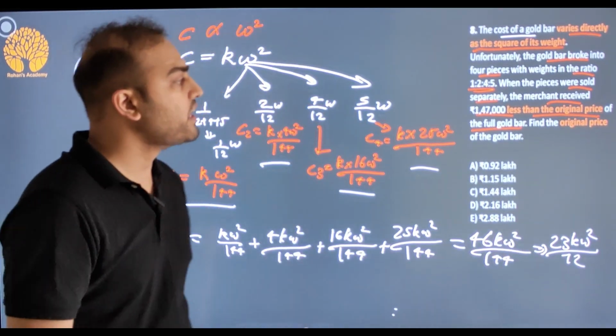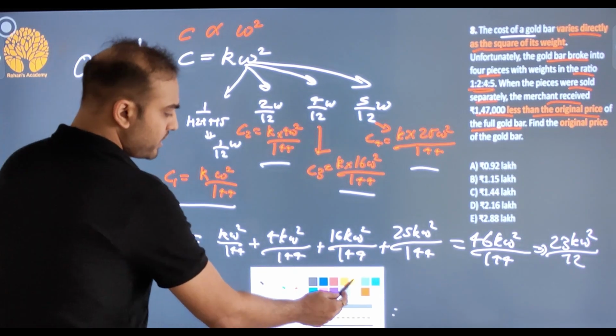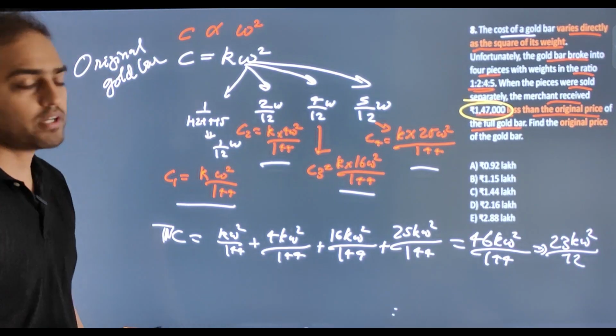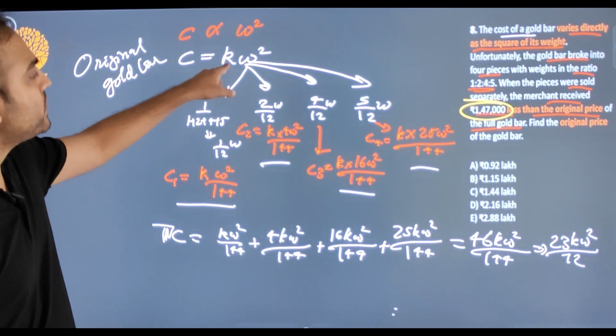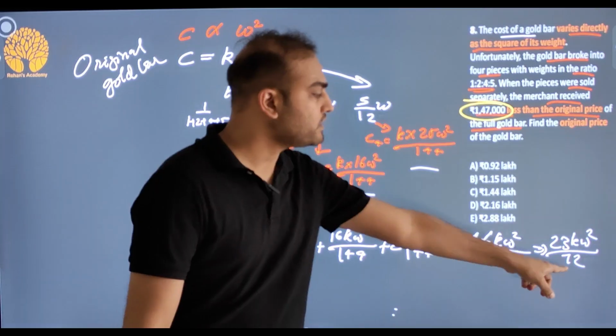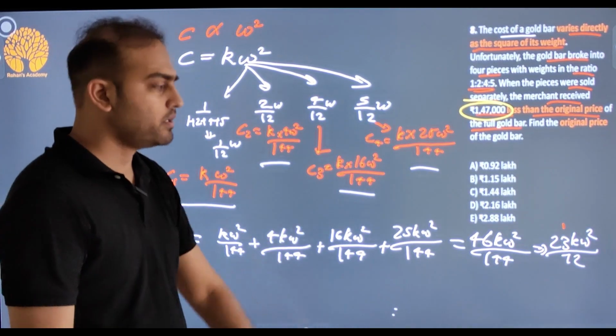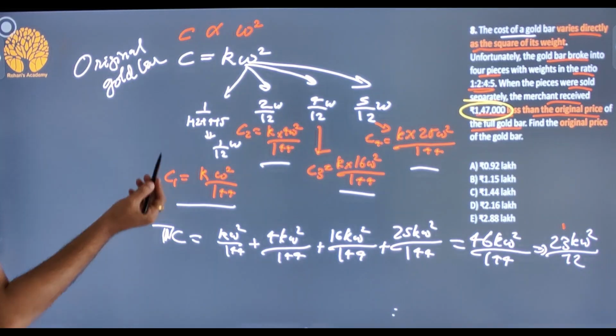Okay, now what has happened? Where does the money come into the picture? The value has decreased by 1,47,000. Makes sense, because initially it was KW square, now it is only 23 by 72 times, some fraction of it. So the value has decreased. How do I find the decrease?